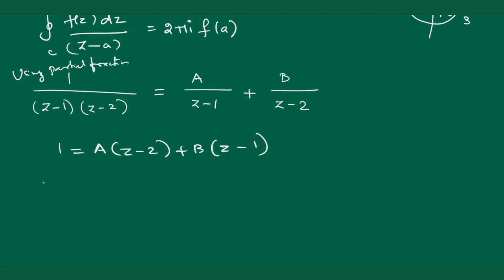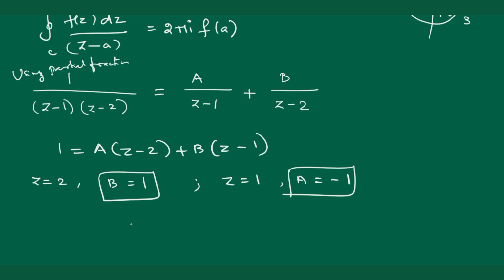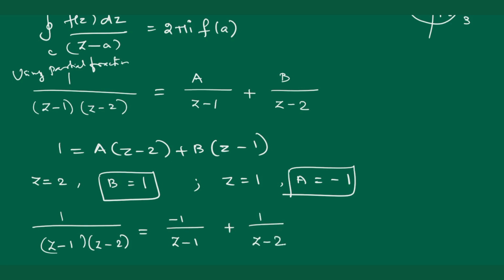First put z equal to 2 so that the a term vanishes. So b is equal to 1. Similarly, if you put z equal to 1, the b term vanishes, so a will be equal to minus 1. So 1 divided by z minus 1 into z minus 2 is equal to minus 1 by z minus 1 plus 1 by z minus 2.